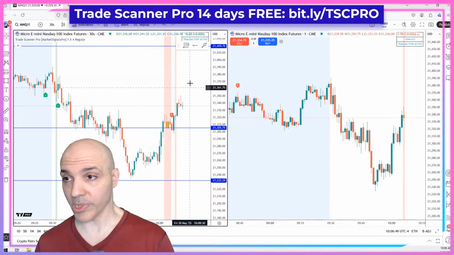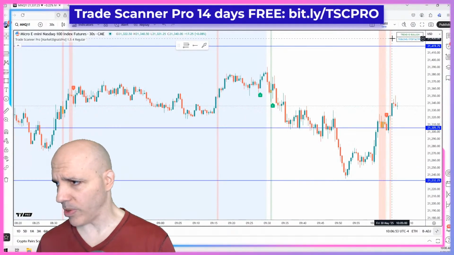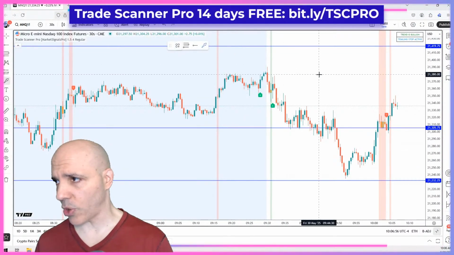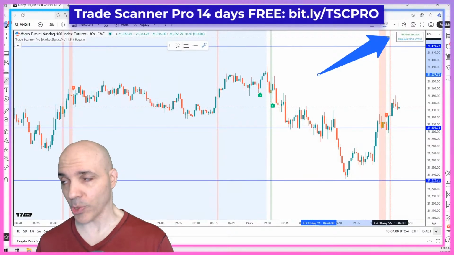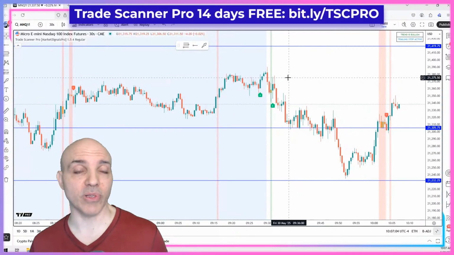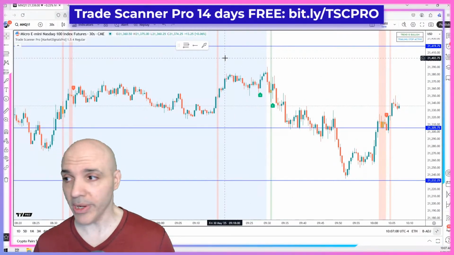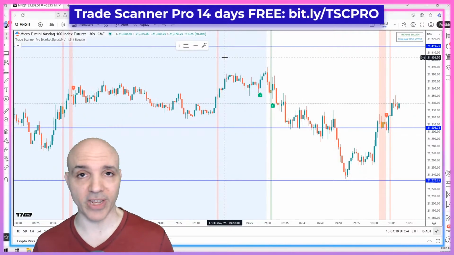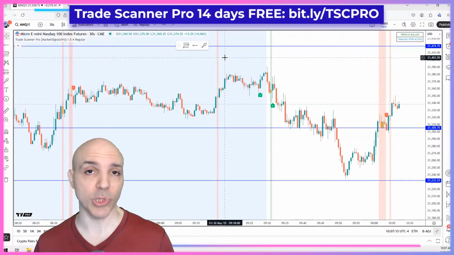I'm just going to follow the momentum on this time frame. Now the trend is bullish, right? Remember, on a 30-second chart this changes a lot, so I have to be very aware of it. These time frames are very hard to trade, by the way. This game is a little easier if you're working on a 5 minute or a 15 minute, stuff like that. And you can use Trade Scanner Pro for that.